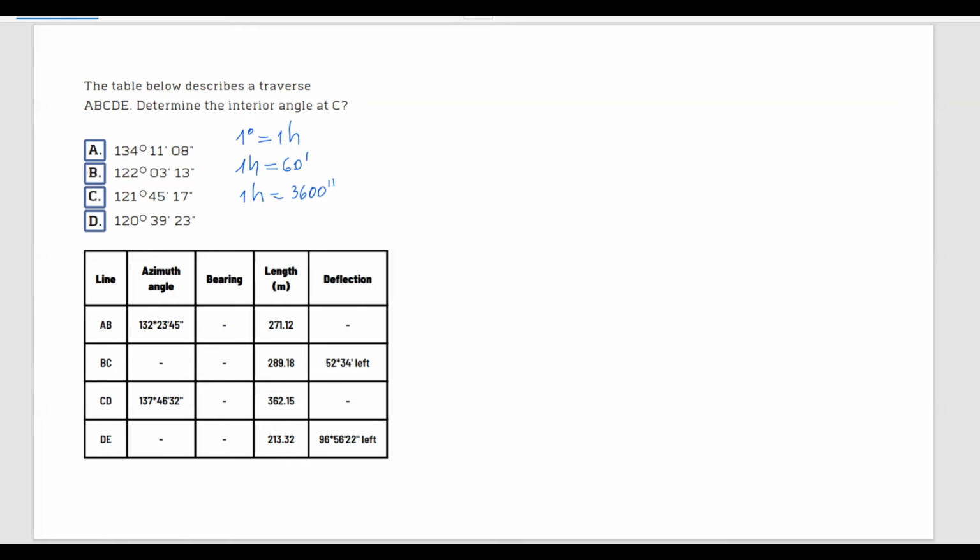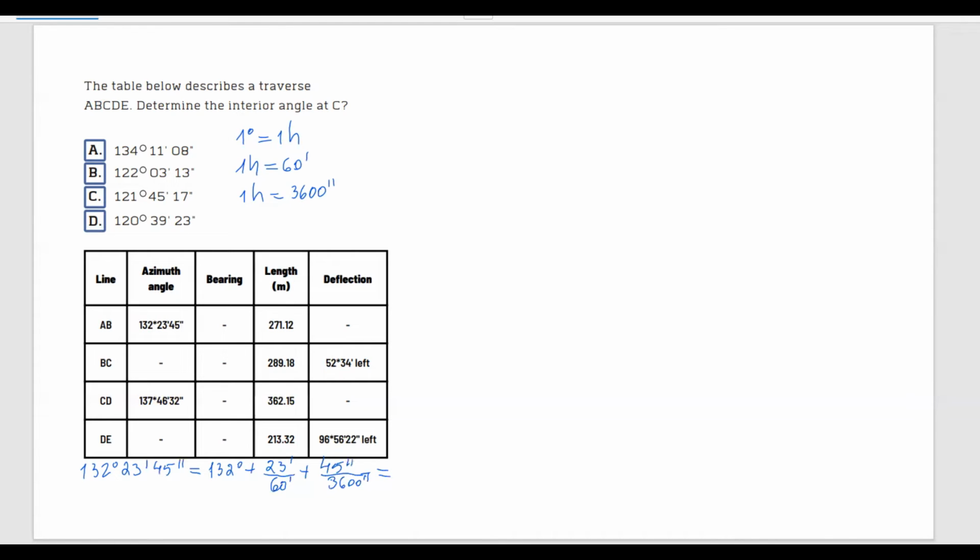So if we are to take this angle, 132 degrees, 23 minutes, and 45 seconds, this will equal 132 degrees plus the minutes divided by 60 to achieve degrees, plus 45 seconds divided by 3600 seconds in a degree.